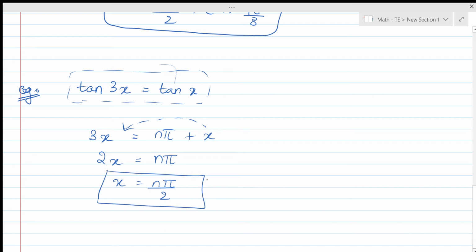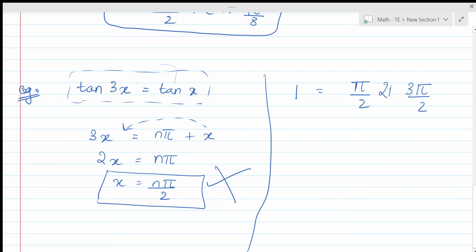But if there's an option and you tick this, it is wrong. Why? Because, let's put a value. Let's put 1, for example, as n's value. You will get pi by 2. And if you put 3, you get 3 pi by 2. But pi by 2 and 3 pi by 2 are not defined for tan of alpha.